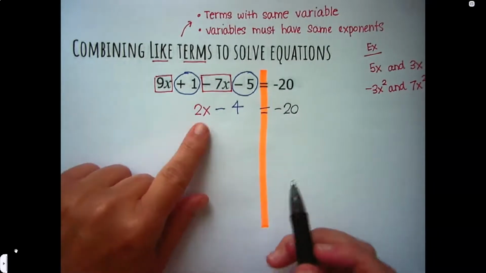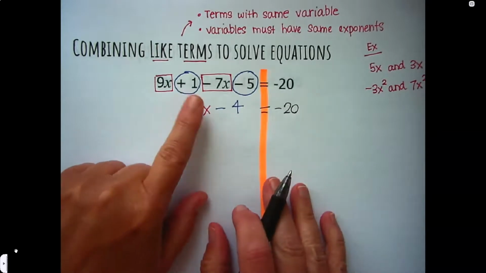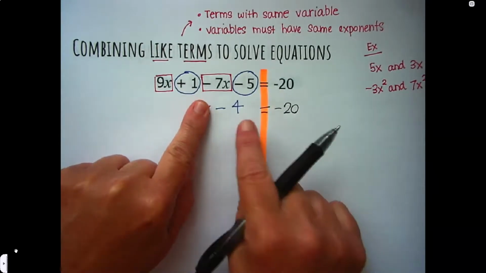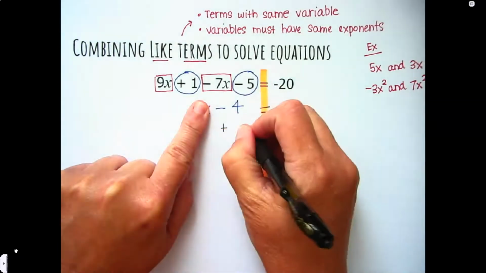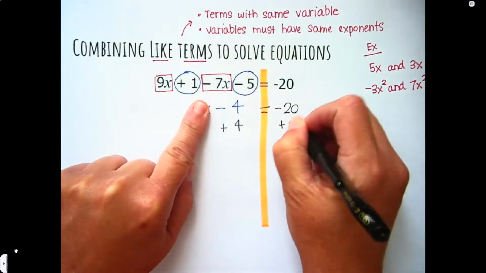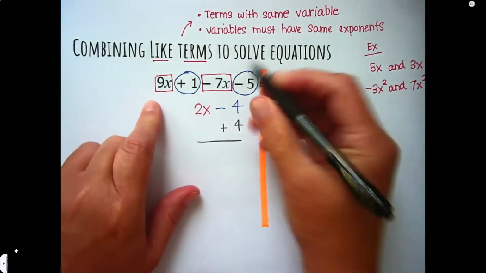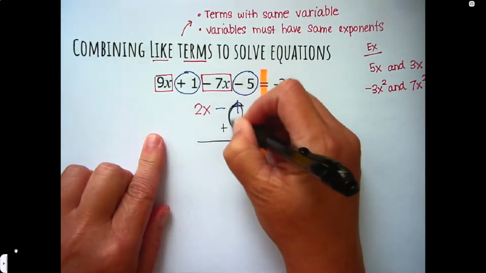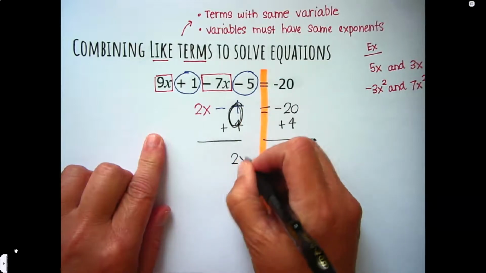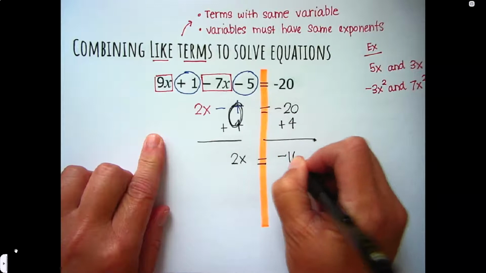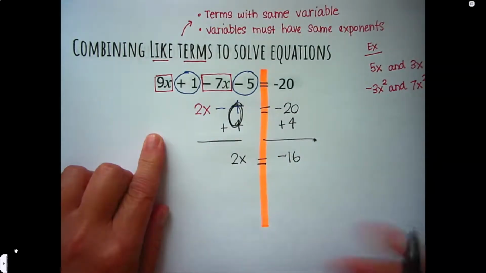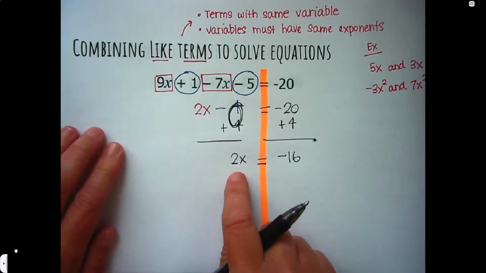All right, so now we're going to try to get this x by itself. So if I cover up my x, I see that I have a minus 4 that I have to get rid of. So I'll do the opposite, plus 4 plus 4. That zeroes these out. Gives me 2x is equal to negative 20 plus 4, which is negative 16. And now to get x by itself, I need to cancel out that 2.